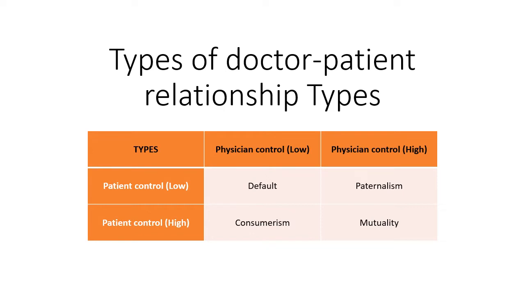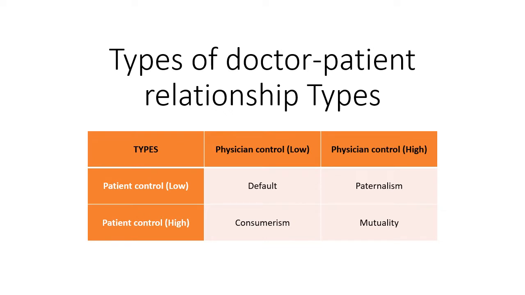If the physician has control, the physician can have low or high involvement in the interaction. Or else if the patient has control, the patient can have high or low control in the interaction. So based on these criteria, four situations are outlined which give us four types of doctor-patient relationship.